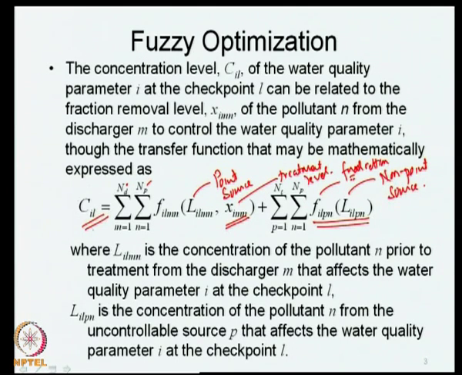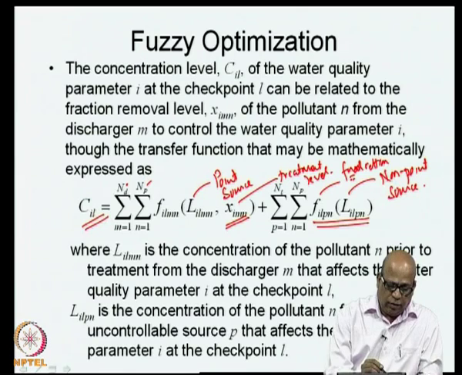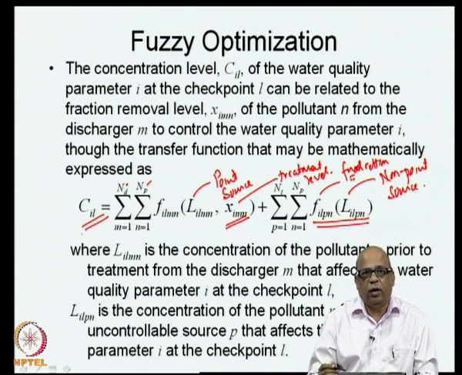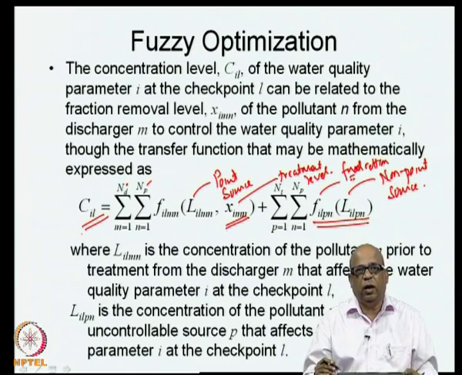So, what this indicates is a general formulation where we are relating the concentration at a particular location L for the water quality indicator I as an aggregate effect of what is happening to the point sources and the influence of the non-point source as far as the concentration CIL is concerned.